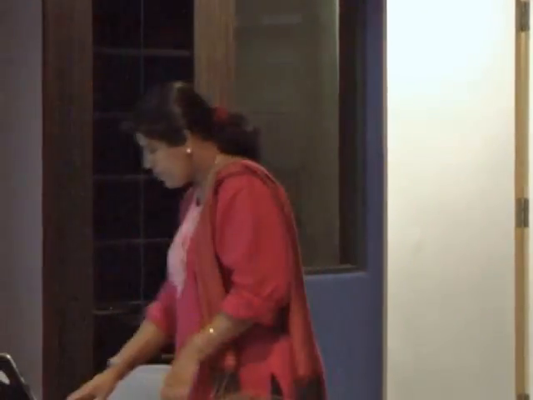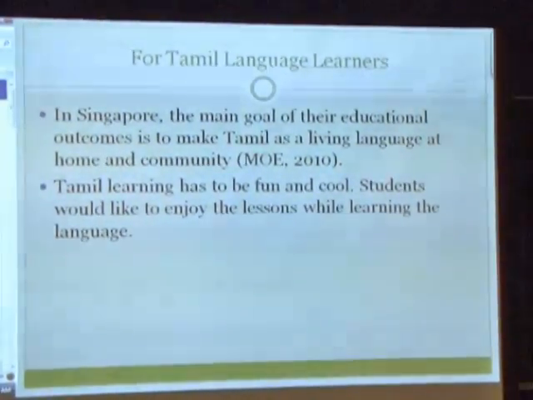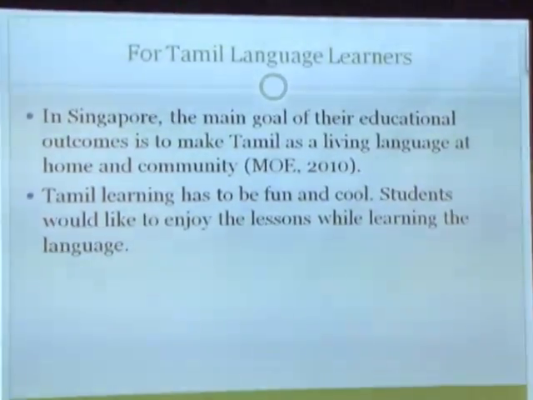So the trainees will do their duty through this kind of Facebook thing, new activities. Then to make Singapore a hub for teaching Tamil as a second language. We are in the forefront, so we have to continuously come up with new pedagogical approaches or strategies. Okay, for Tamil language learners in Singapore, the main goal of their educational outcomes is to make Tamil a living language at home and community.